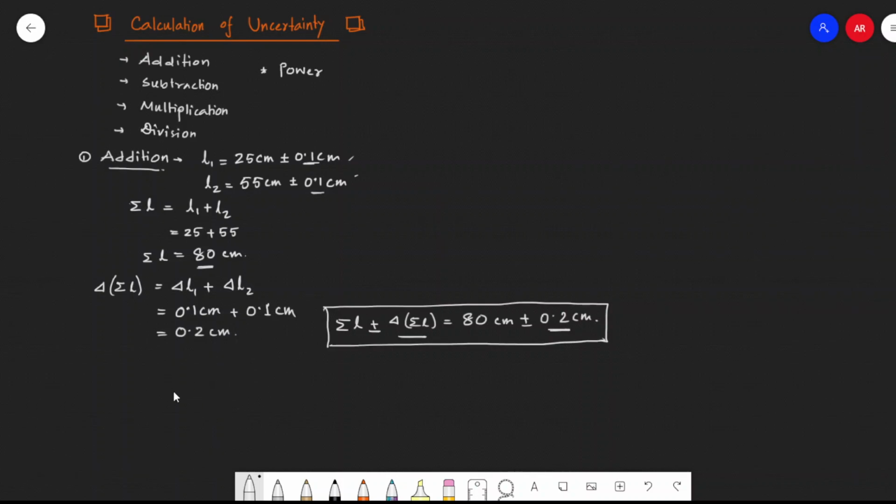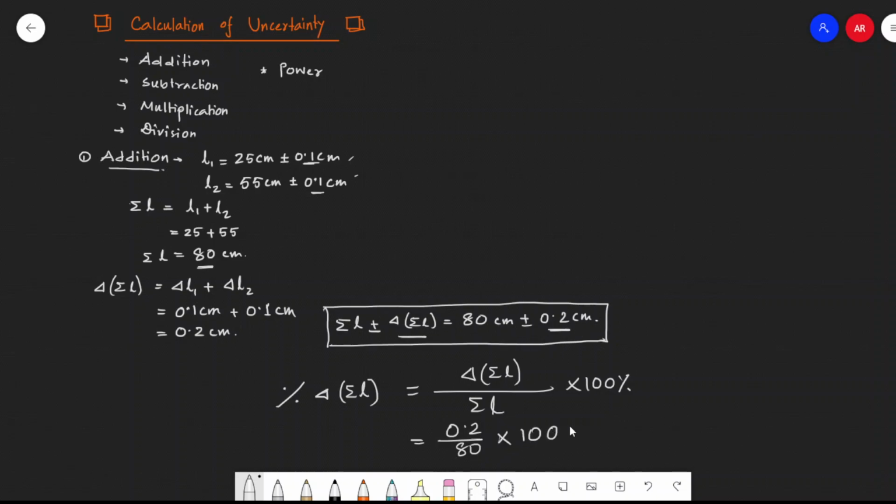Now, if we want to find out the percentage uncertainty of this total length, then the percentage uncertainty of this total length is its absolute uncertainty divided by its value multiplied with 100%. So it is 0.2 over 80, centimeter by centimeter. So the ratio doesn't have any unit, times 100%.